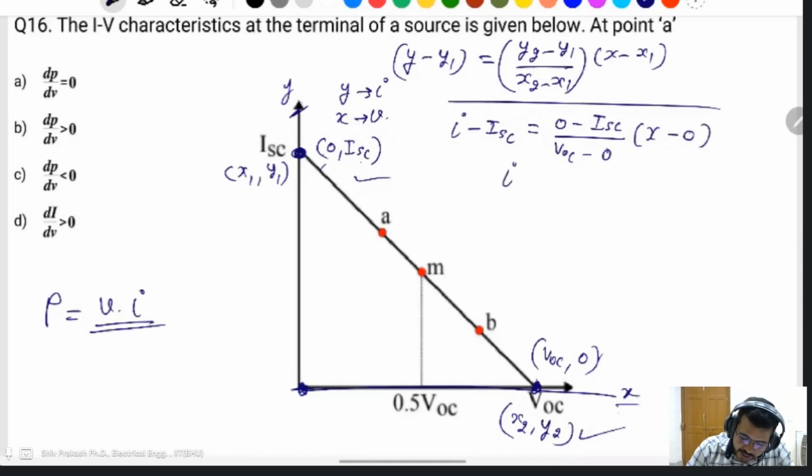Now what is I? If you transfer to the right-hand side, it will be I equals ISC minus ISC into V by VOC. This is the current expression.